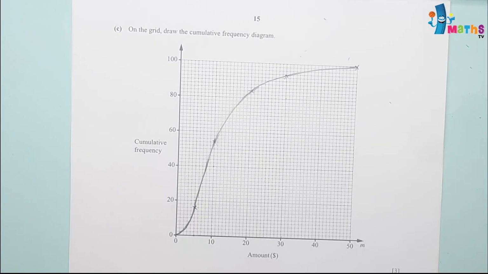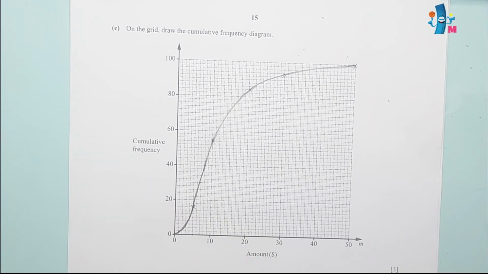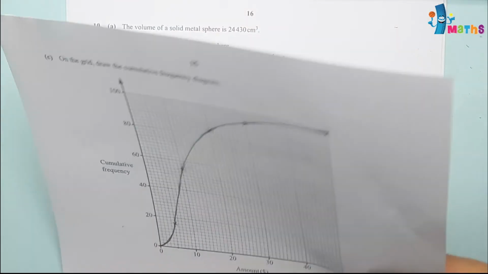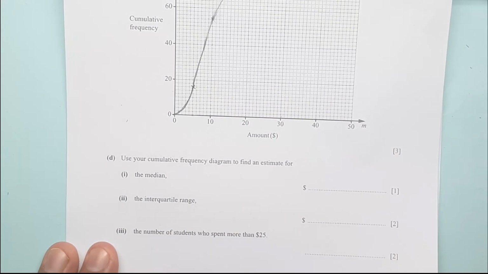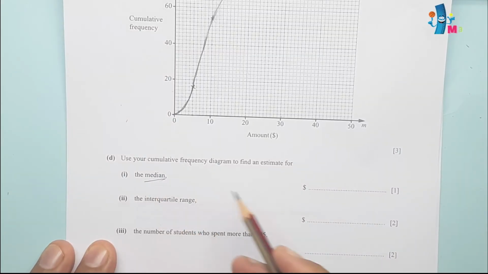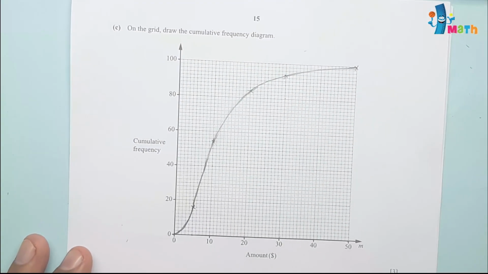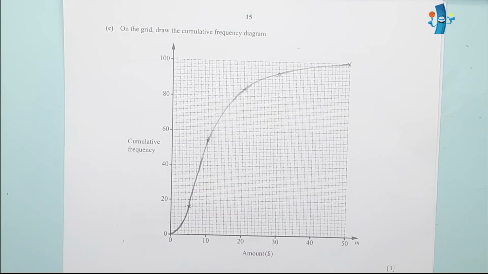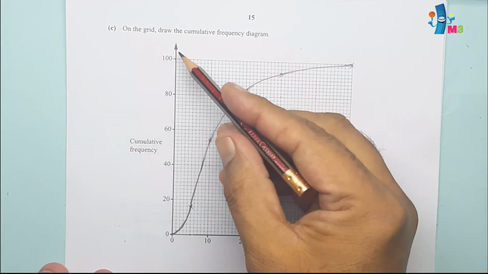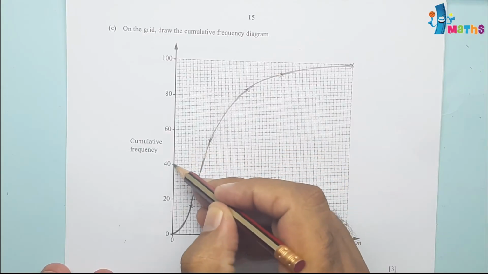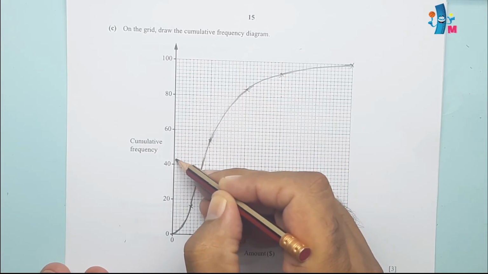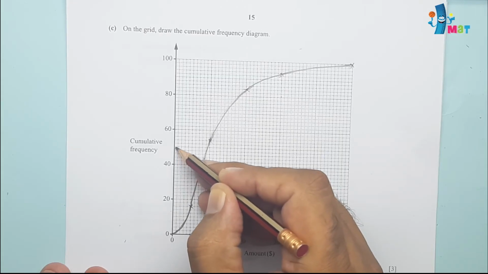Now next part they are saying use the cumulative frequency diagram to find an estimate for the median. Median we know is the middle value. For median we will be taking the middle value of this one. So this is 100, half of 100 will be 50. So in between 40 and 60, 1, 2, 3, 4 and 5.